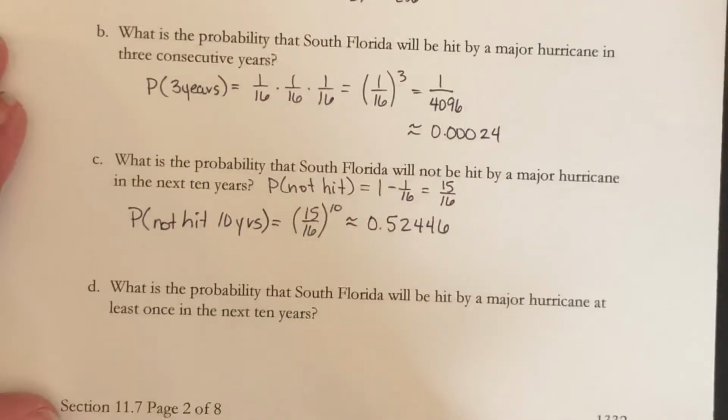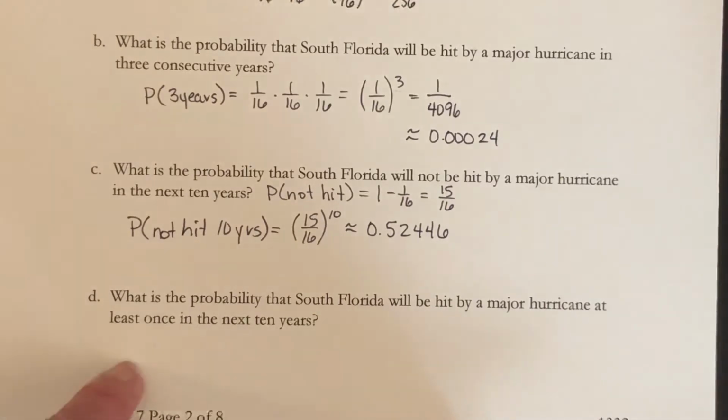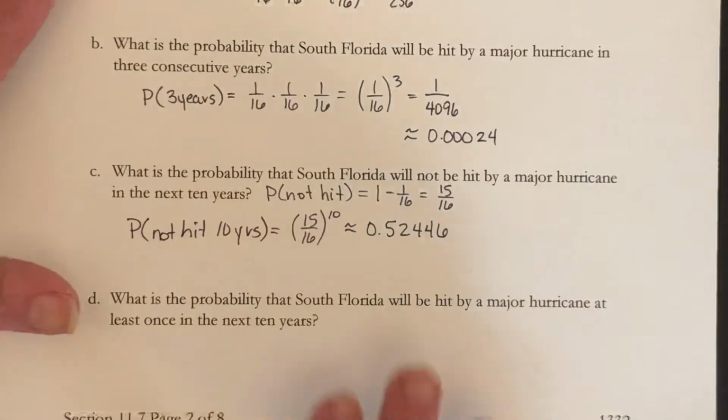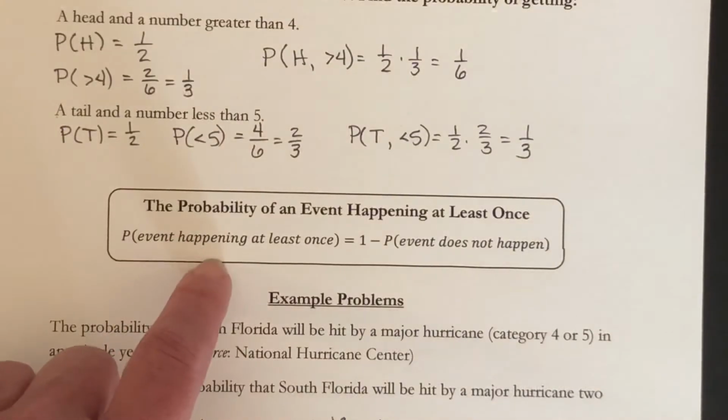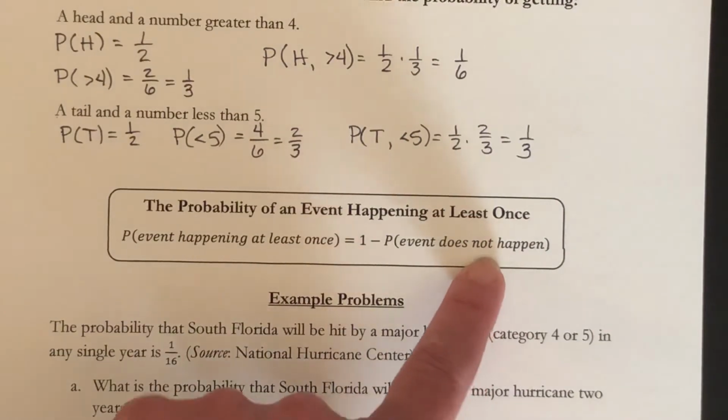Now, what is the probability that Florida will be hit by a major hurricane at least once in the next 10 years? If we want the probability that it happens at least once, we want the probability that it does not happen at all in the next 10 years.